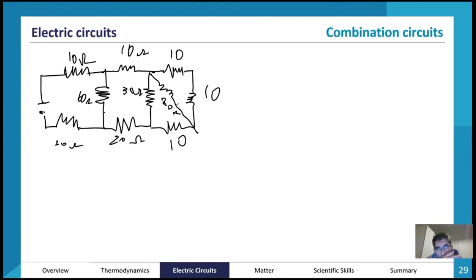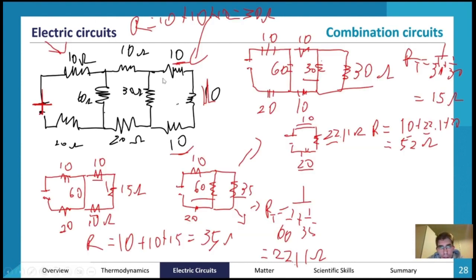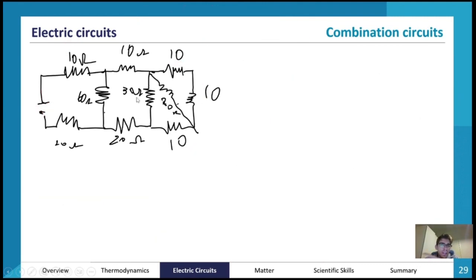So how do we do this? The circuit that you see here, I will redraw again. What you can see here is that unlike the previous circuit, and I purposefully built the questions this way, where things were connected in series, then in parallel, then in series, then in parallel, then in series, and you found total resistance, which ended up being 52 ohms, in this case, it's not the same.